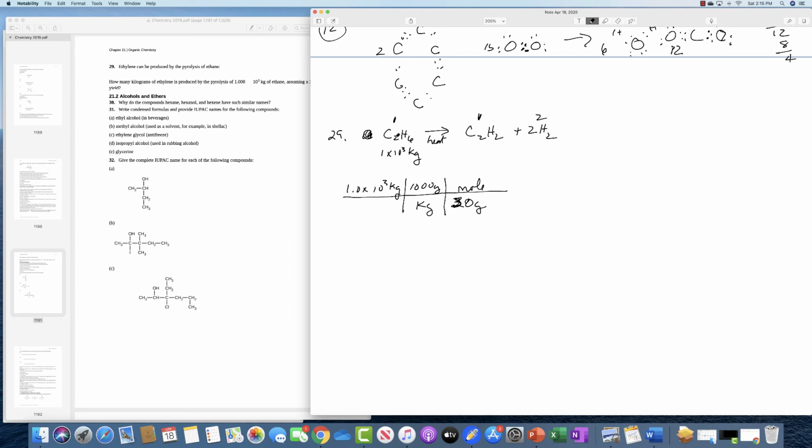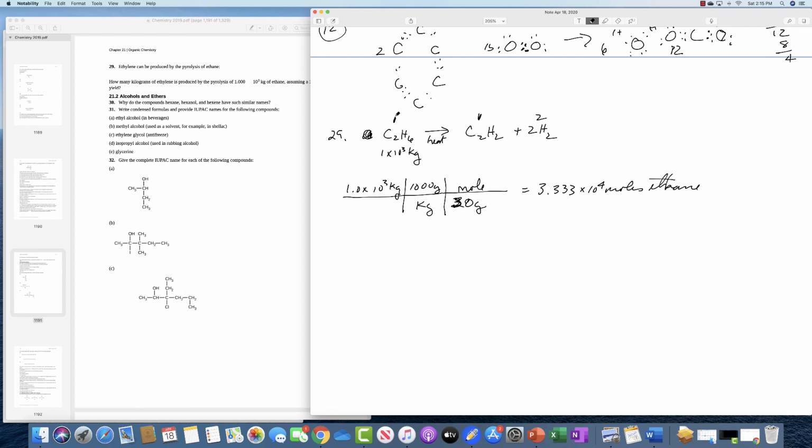This is 6 plus 24 is 30. And this will tell you how many moles of this you have. And you have 3.333 times 10 to the 4th moles of ethane.